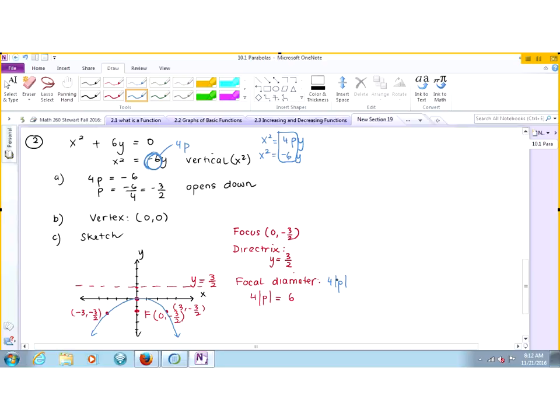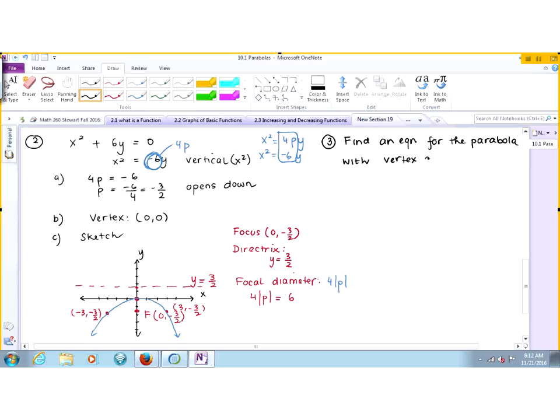Do another one? Oh, let's do shifted. Why don't you do this? Okay. This is a different problem. So, find an equation for the parabola. So this is the other way around.